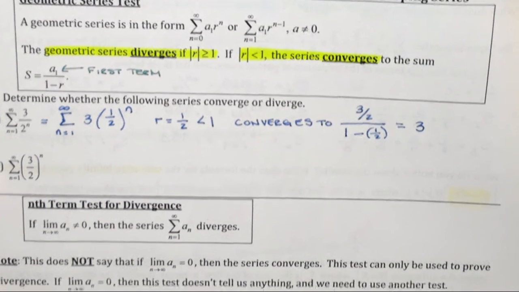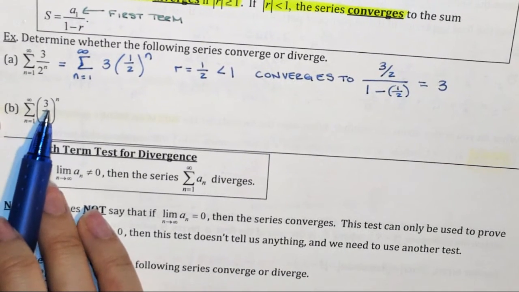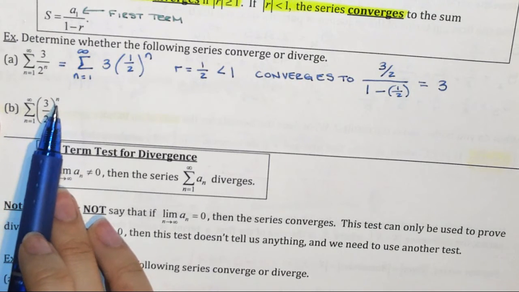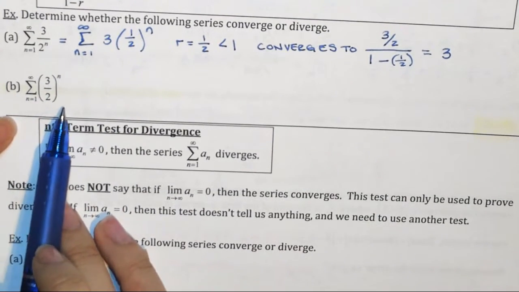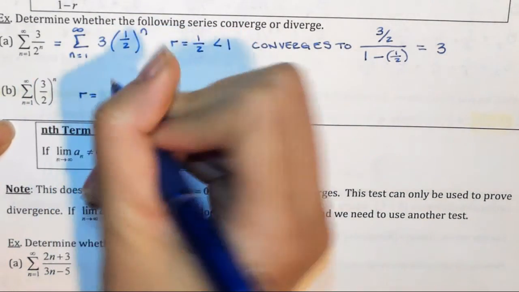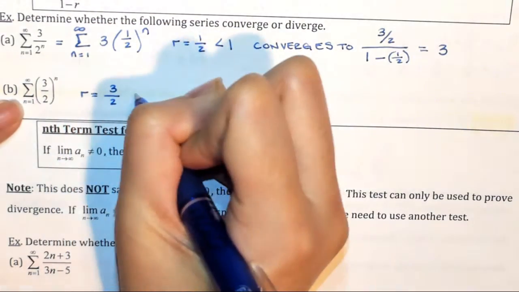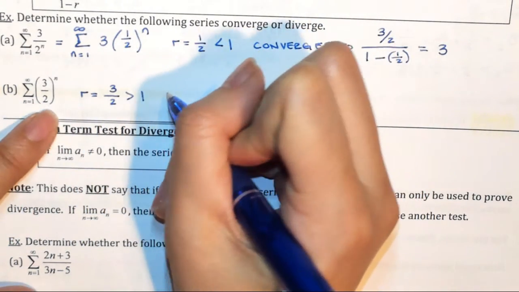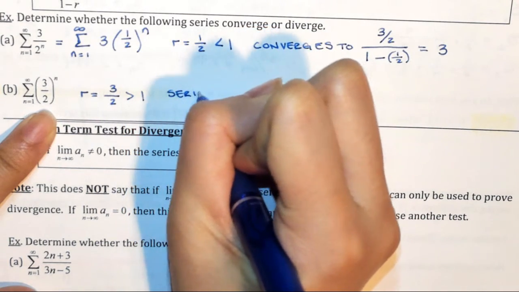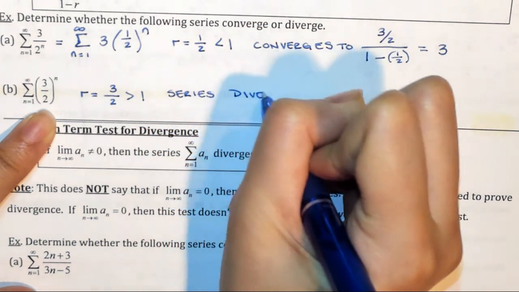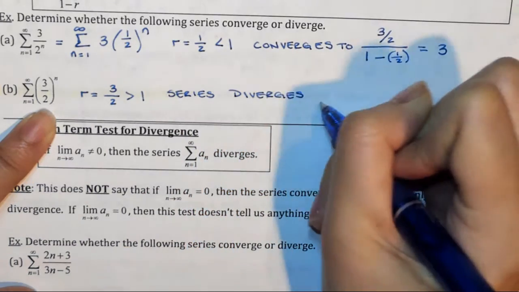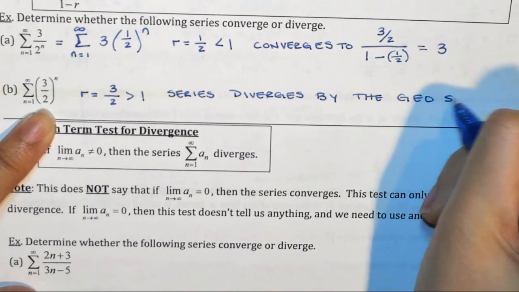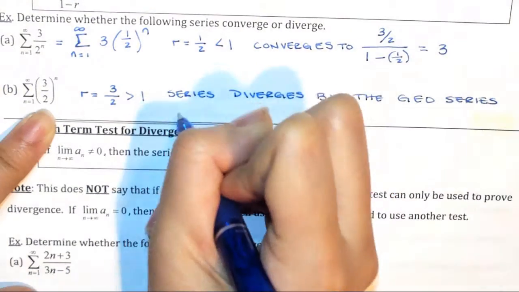Now we have another case here where the 3 is now inside of the parentheses, so the 3 is also to the nth power. And if you look at this series, R is going to be the whole thing of 3/2 which is greater than 1, and since 3/2 is greater than 1, you can automatically say that this series diverges by the geometric series test.